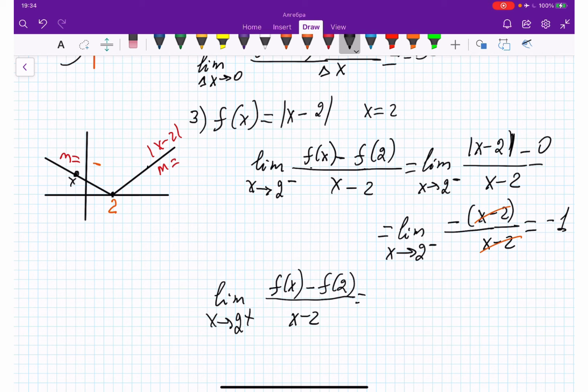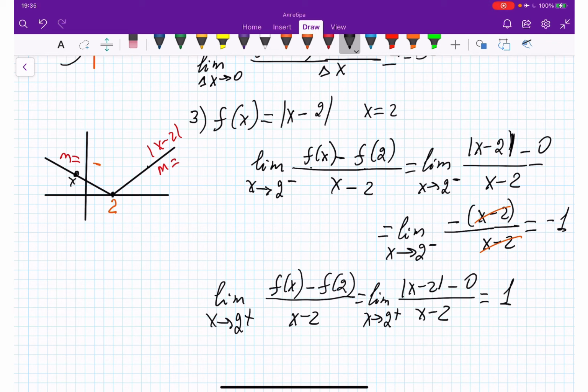This is equal to the limit of absolute value of x minus 2 minus 0 over x minus 2, as x approaches 2 from the positive side, and here we are getting positive 1 for the same reason. Instead of minus, I will have plus in front, right? It will be positive 1.